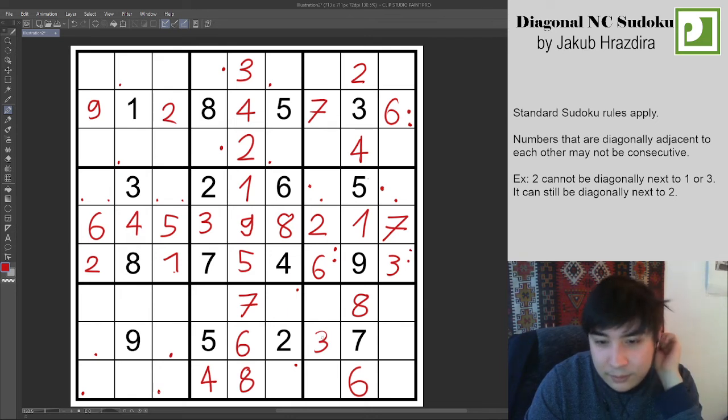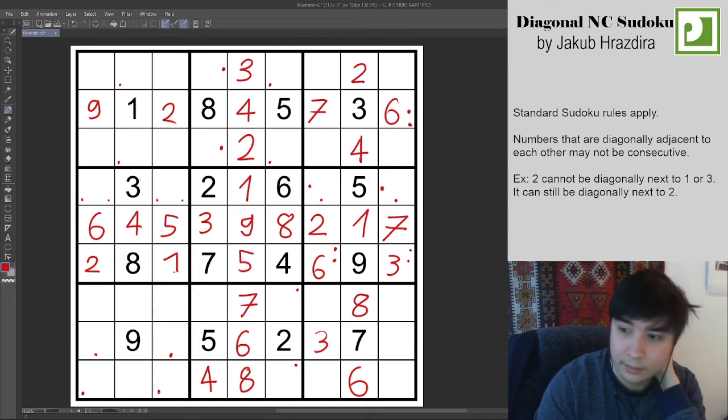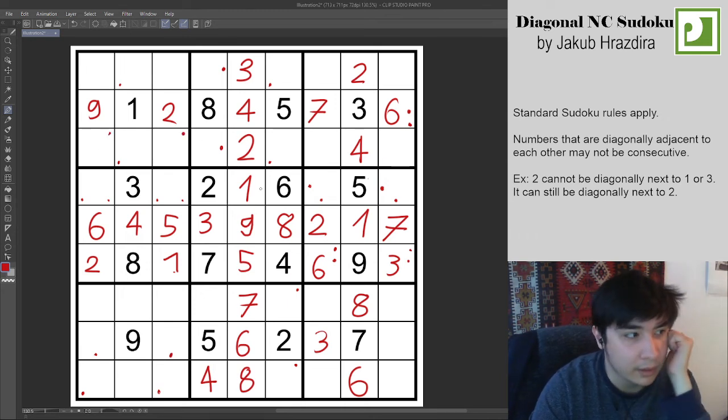What else have we got? I guess the 3 is fixed in 2 positions in this box.